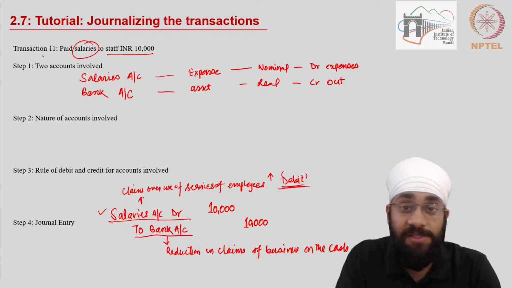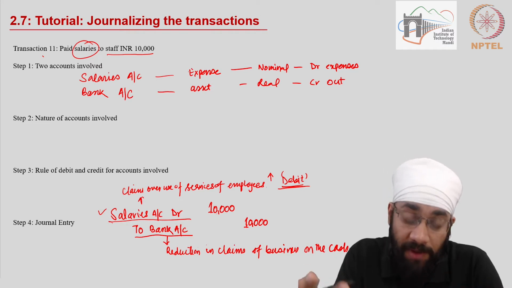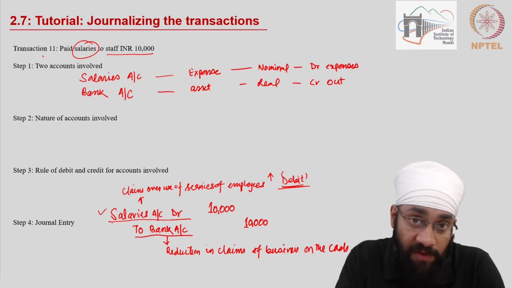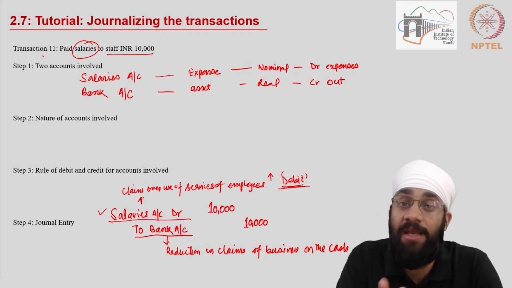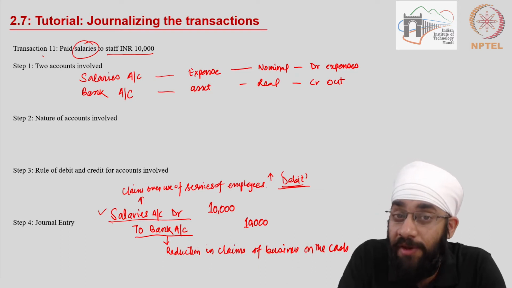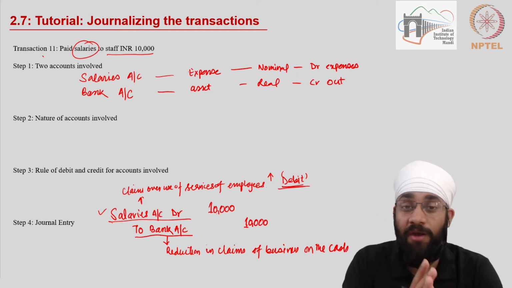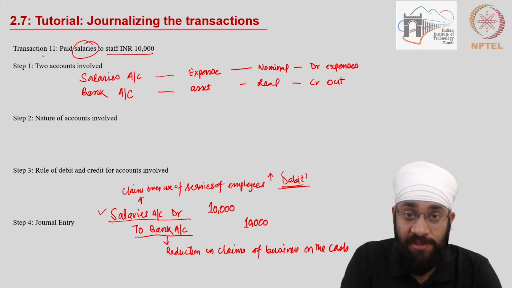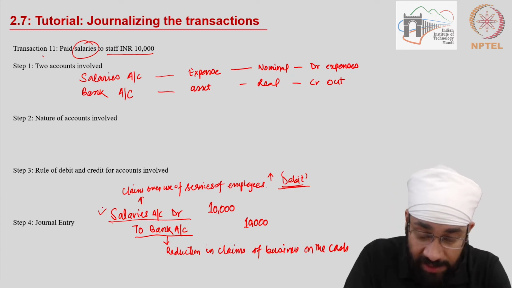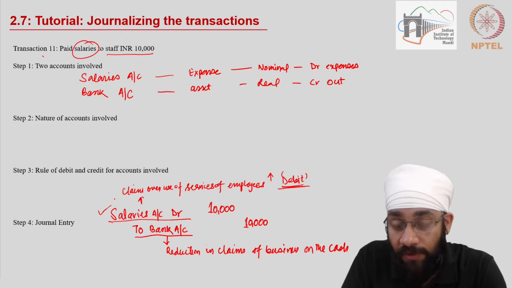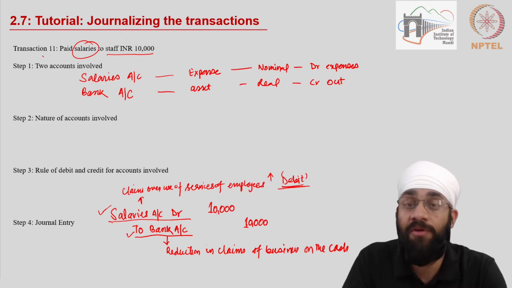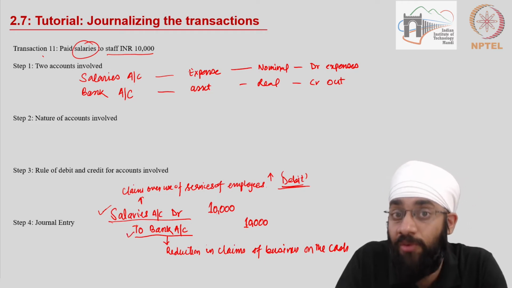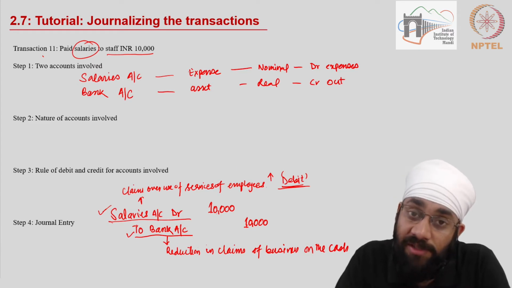So usually we mix these two. That is, in common parlance, that's how things are thought of. But in accounting, since it is a language and we are learning the double entry system, we look at a transaction from two sides. So here are the two sides. Salaries represents the claim of the business. The bank account represents what is going out of the business in this transaction.